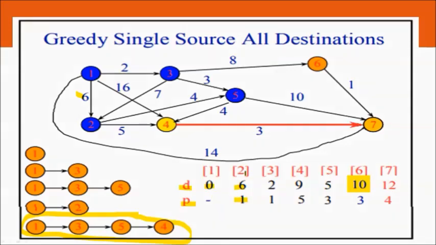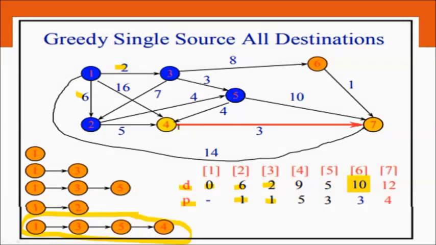Next, from vertex 1 to 3, do we have any distance? Yes, we have 2, and the predecessor is 1. Next, vertex 1 to 4.